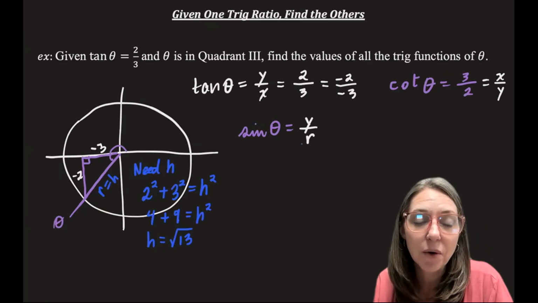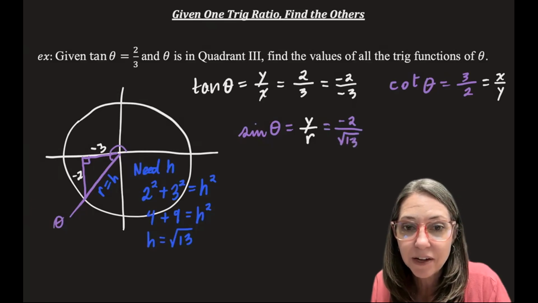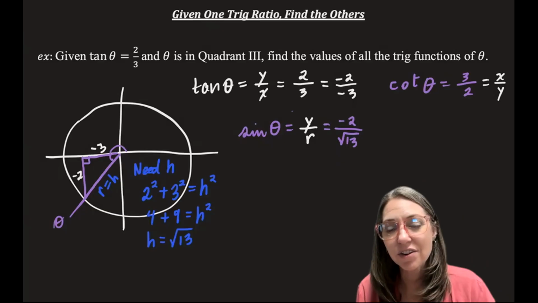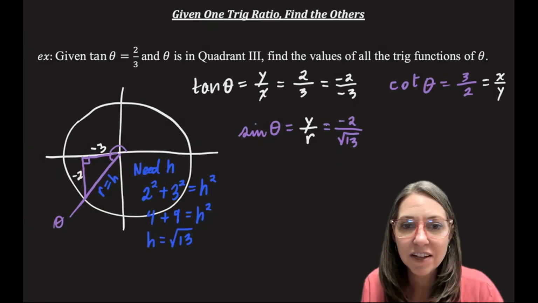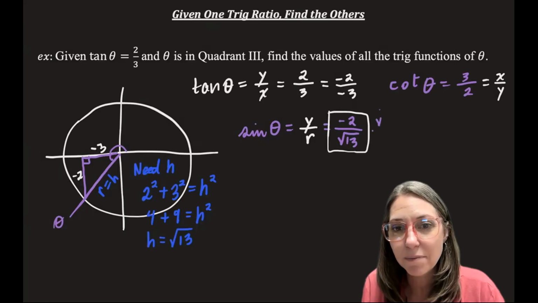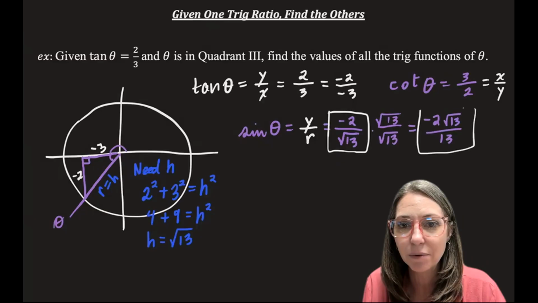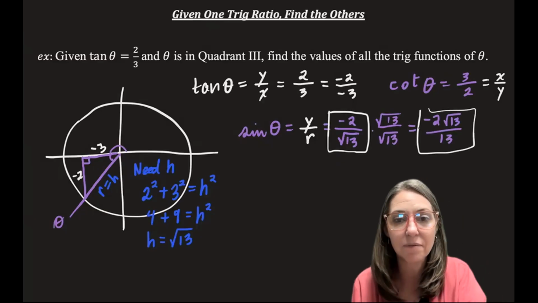So that ratio is the ratio of y, which is -2, over the hypotenuse or the radius of that circle, which is square root of 13. I'm going to go ahead and box that as an answer. But if you need to rationalize, we would then multiply that by root 13 over itself. And so this would become -2 times root 13 all over 13. Okay, so that is equal to sine of theta.